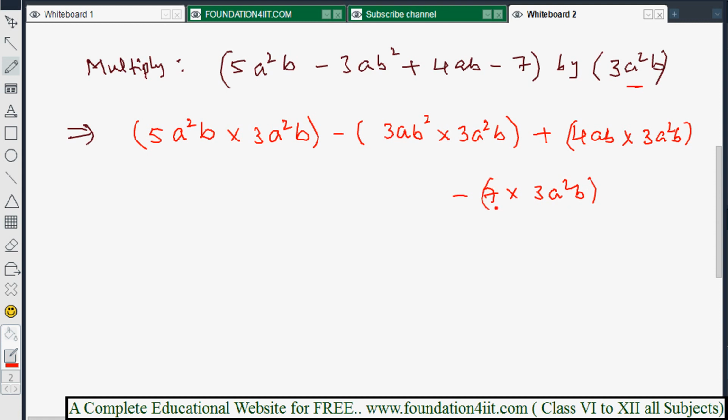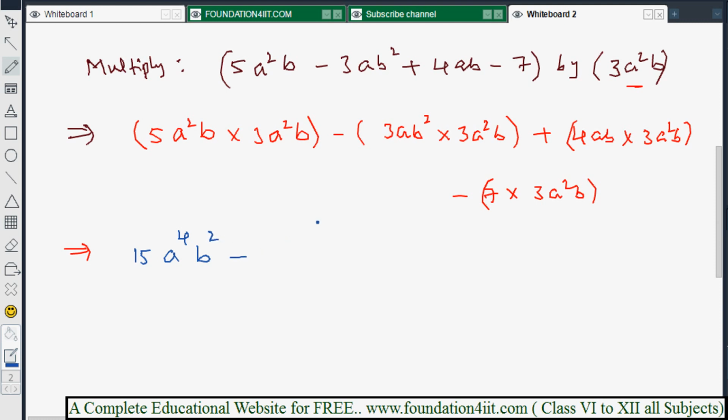Okay, everything is multiplied. Then simplify each and every term as per the monomial rule. Now multiply the numbers because sign is already multiplied. 5 times 3 is 15, a square, so a power 4, and b and b, 2b, so b square.